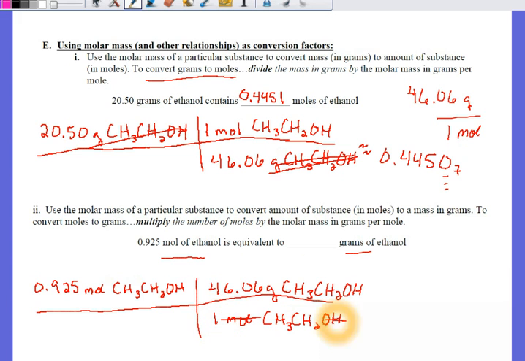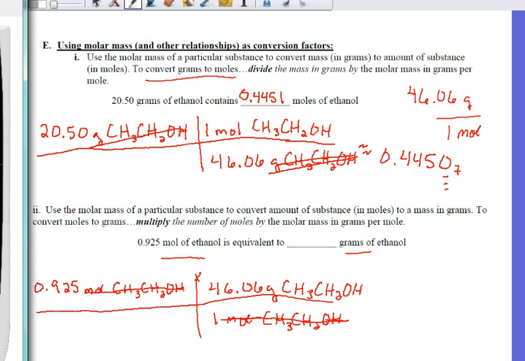Now you're going to cancel out moles, top and bottom. And now you've got a 1 on the bottom, so you don't need to divide anything by 1 because it doesn't change anything. But side by side you're going to multiply. So now you're going to multiply your molar mass times your number of moles. So you have your 0.925 that you're going to multiply by the molar mass of 46.06, and you end up with only 3 significant digits this time.